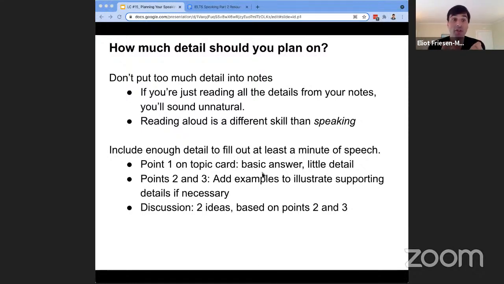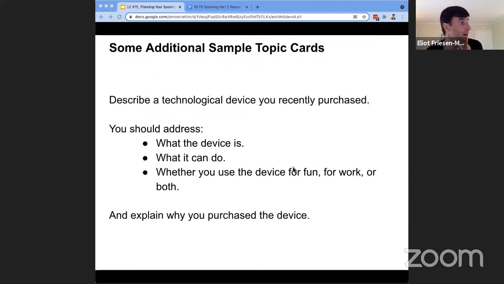So if you can use those bullet points as notes that will remind you of what you want to say, maybe you don't even need to write down an idea for an example or a detail you want to say for those. But some students want to do that, and I think it can be a good idea for those bullet points that require a little more information, right?